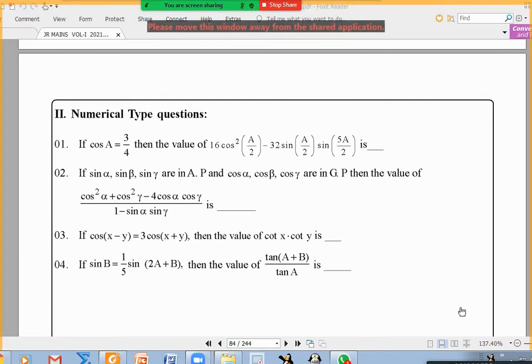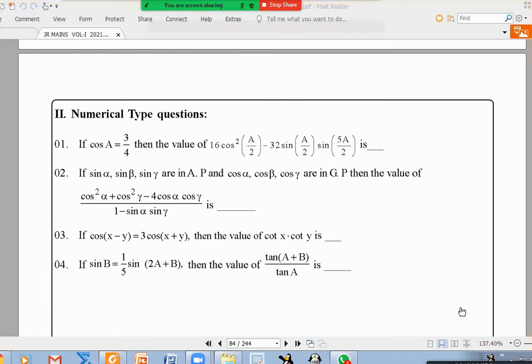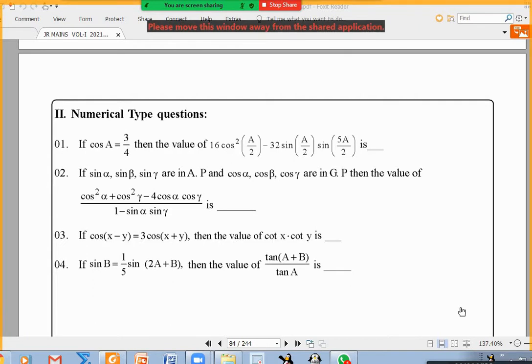Okay, I'm going to erase this. Anybody needs more time or any doubt? Okay, you can approach this question in different ways.